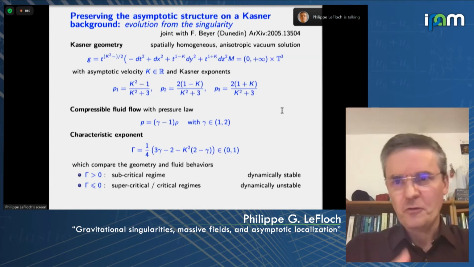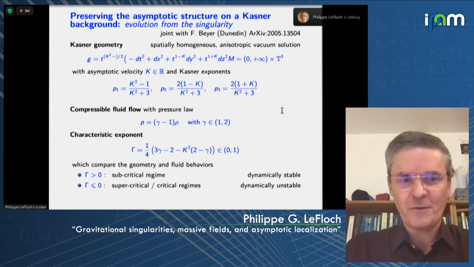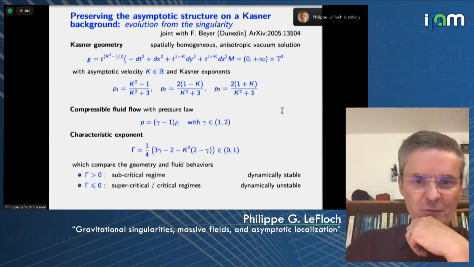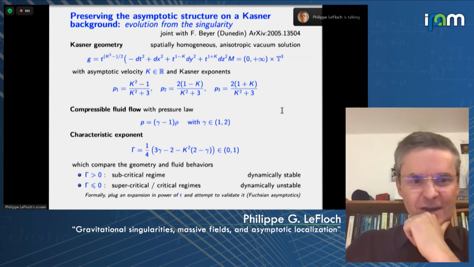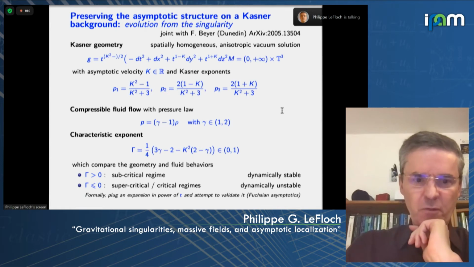We found that our theorem could not apply in the unstable case. Hopefully our next work will be to study the unstable situation, but today I'm only telling you about the stable situation. And in the stable situation, we developed a scheme.